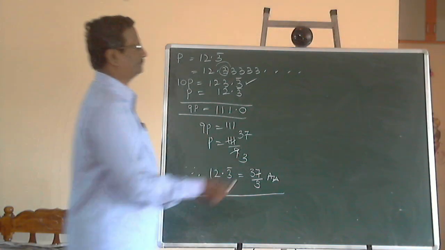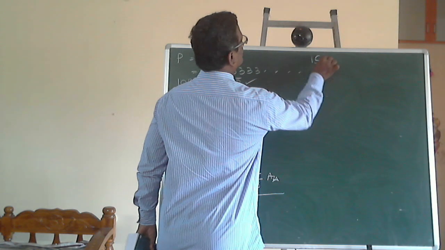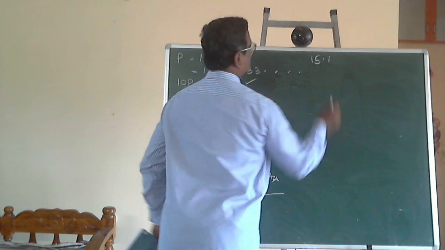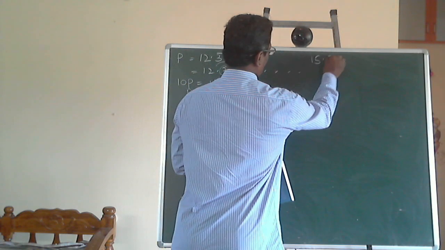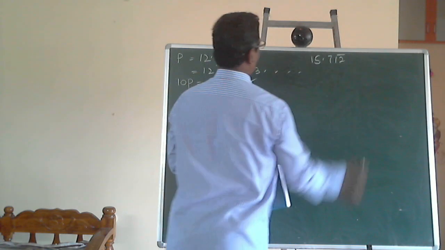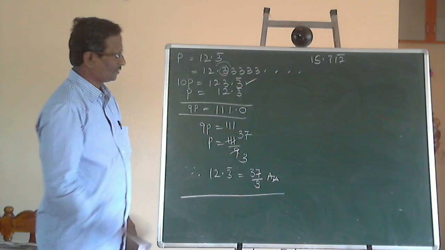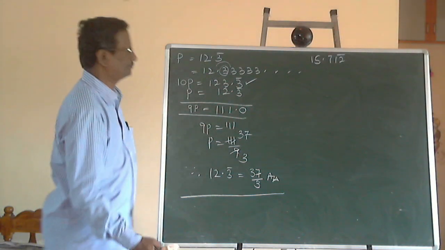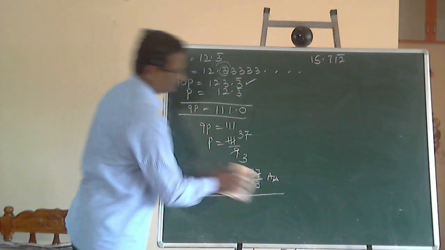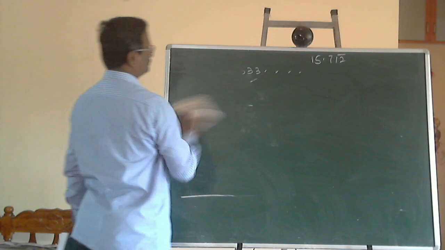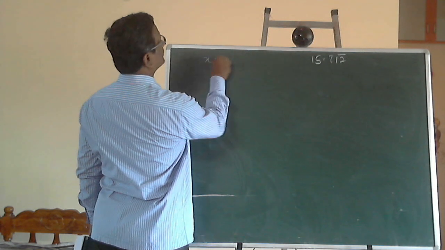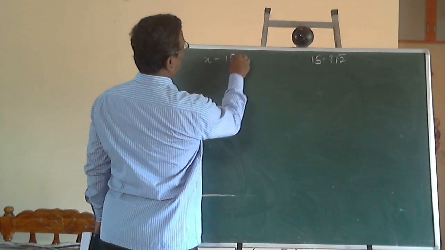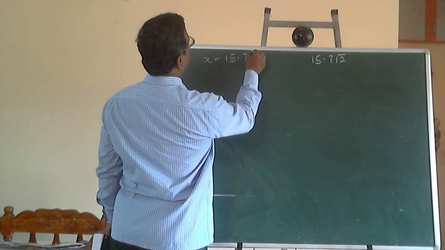15.712 recurring. Please note it down. This time I will assume x is equal to 15.712 recurring.